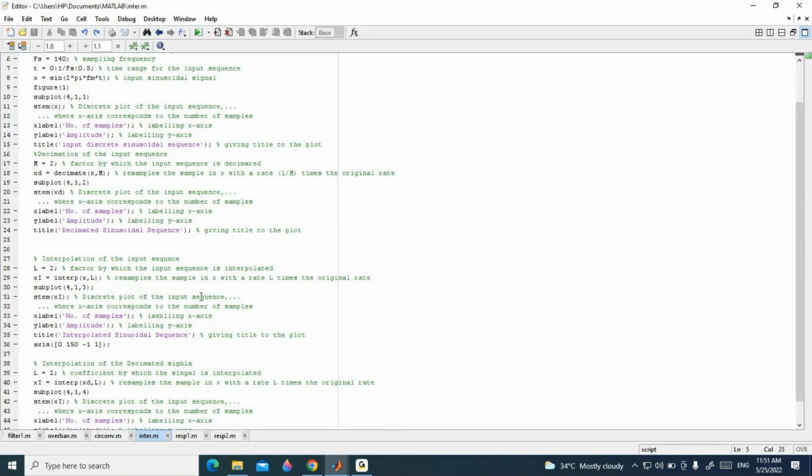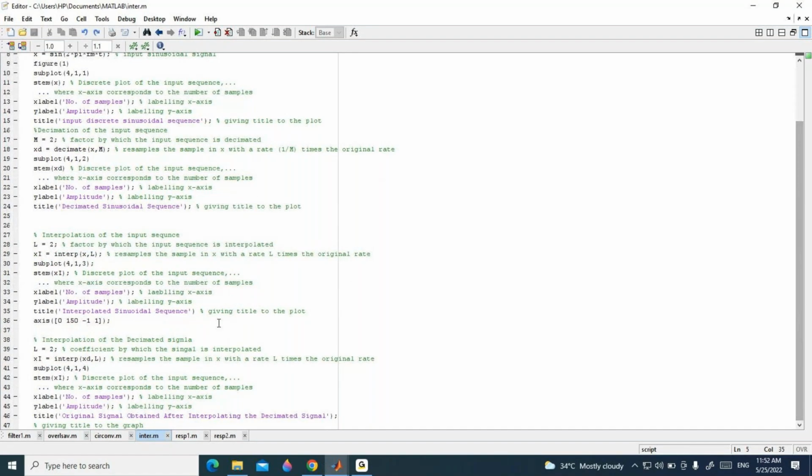So up to now we have decimated the original signal and interpolated the original sequence. Now if you interpolate the decimated sequence by the same factor, what will we get? You will get the original sequence, which we can observe by using the last one, that is interpolation of the decimated signal. We have already decimated the original sequence by a factor of 2. Now we are interpolating the decimated sequence by a factor of L equal to 2, that is, by the same factor.